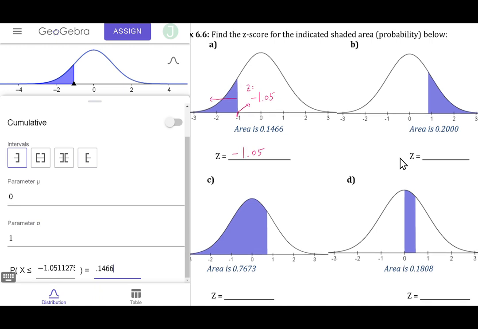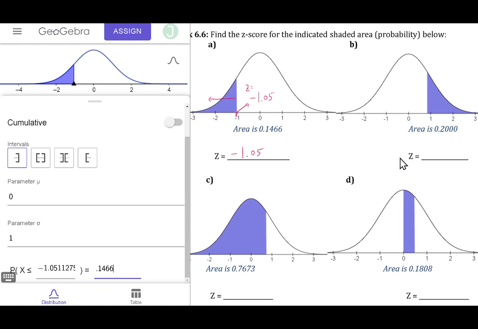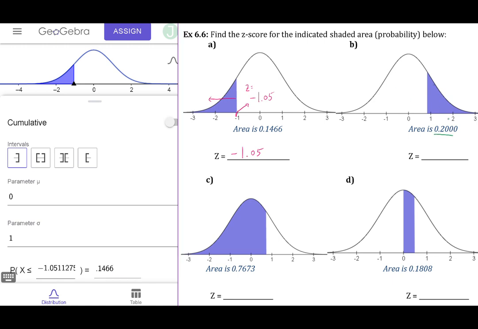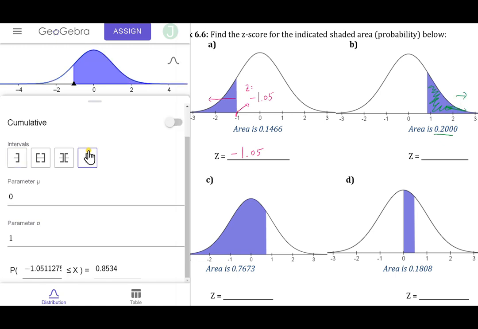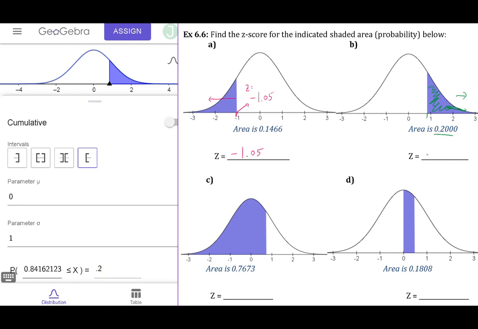Now for part B, we can solve this in two different ways. One way that we can do this is, well, we know that the area is 0.200, and we're told that it's shaded to the right based on the picture. We can just make the graph shade to the right and put in 0.200 for our area, and we will get the z-score of 0.84.